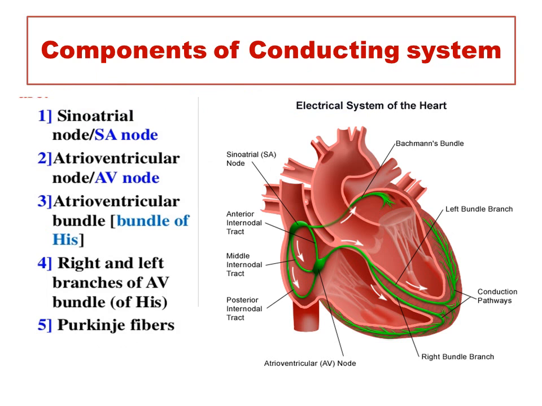The components of the conducting system are the SA node or sinoatrial node, the AV node or the atrioventricular node. Then we have the AV bundle or atrioventricular bundle of His. Then the right and the left branches of the AV bundle. This finally breaks up into Purkinje fibers.